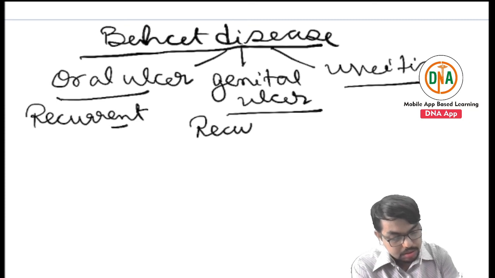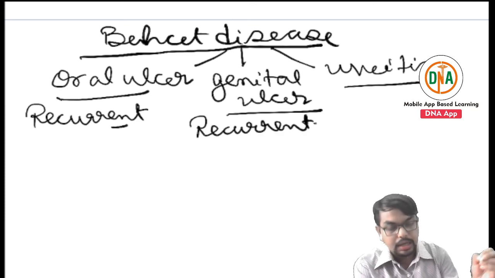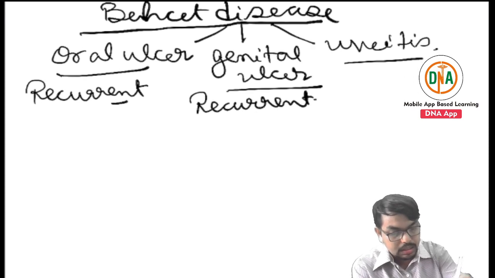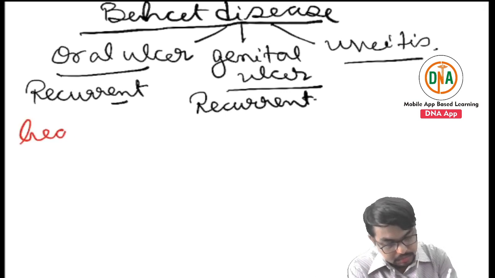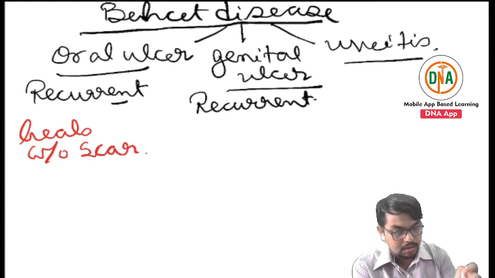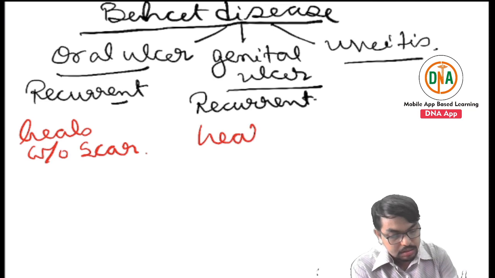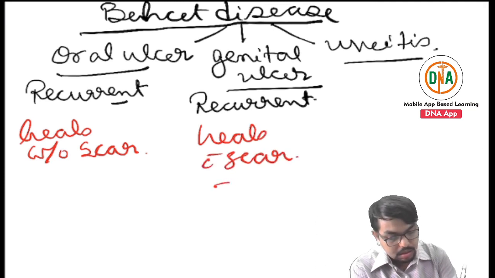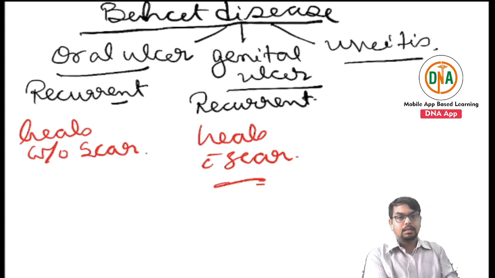You will also get a history of recurrent genital ulceration. What is the difference between the oral ulcer and genital ulcer of Behçet? The oral ulcer of Behçet heals without scar. No scar is formed. But the genital ulcer of Behçet heals with scar.